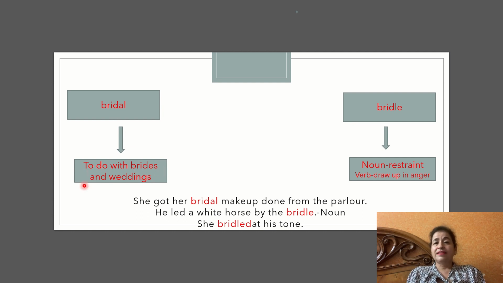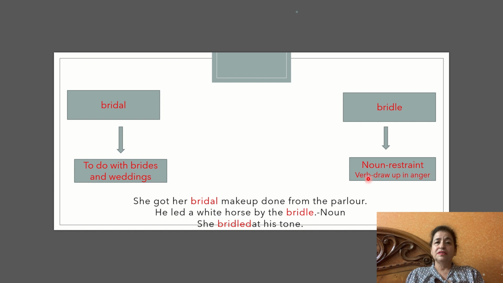The other one is bridle, B-R-I-D-L-E, that is restraint. This word itself comes in two forms, that is noun form and verb form.